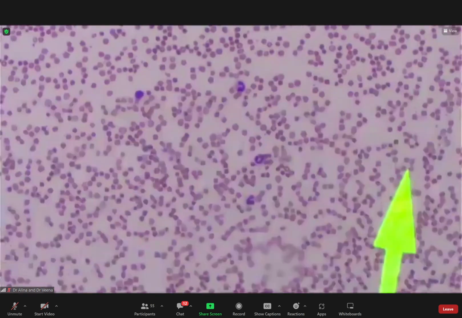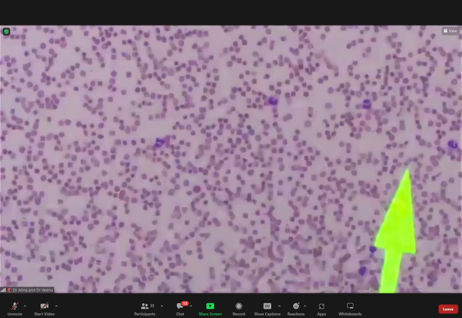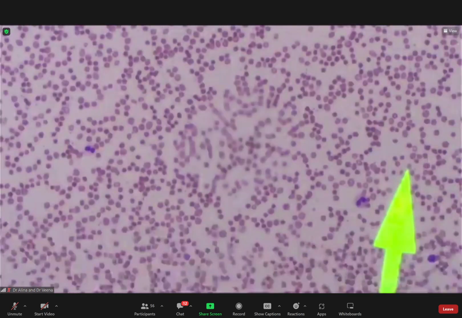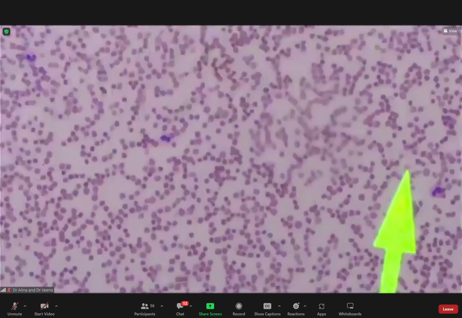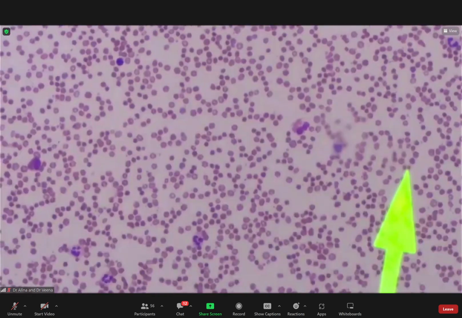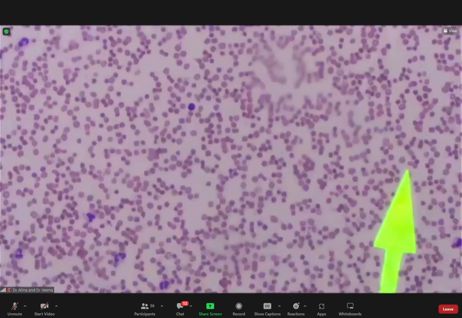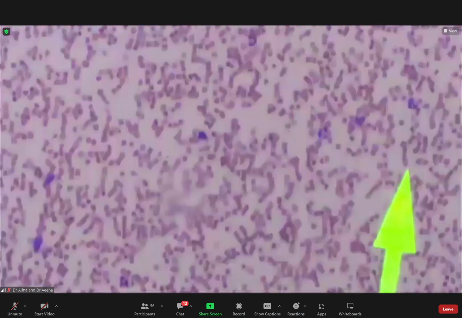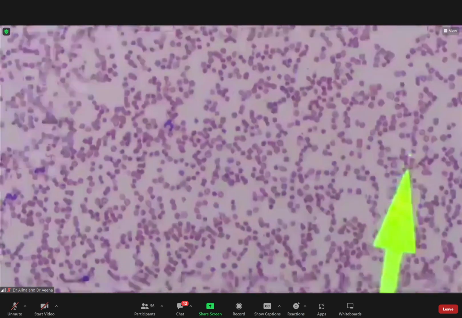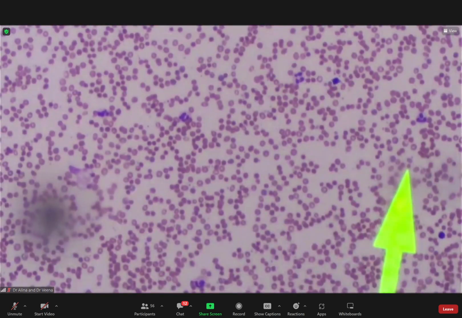You see lots of cells that lack that central pallor and typically look very round. Okay, so these are spherocytes. Lots of spherocytes, some microspherocytes in the background. Okay, so your differential diagnosis again would be HS or IHA. Very similar to the earlier case. There's polychromasia as well.